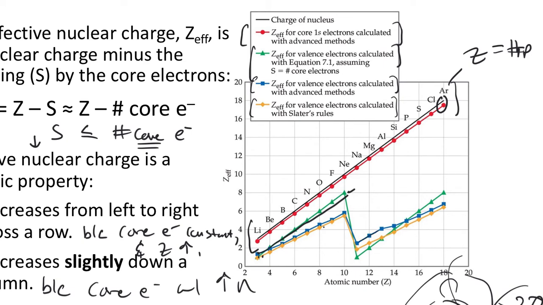If you notice, it's a little wishy-washy here, but the green curve is just a straight increase, but it still increases each step of the way from left to right, whether you're using an advanced method or approximating your effective nuclear charge. Now, the one thing that the advanced methods can show you, compared with approximating S as the number of core electrons, is this: if you look at sodium, so let's orient our eyes over here.